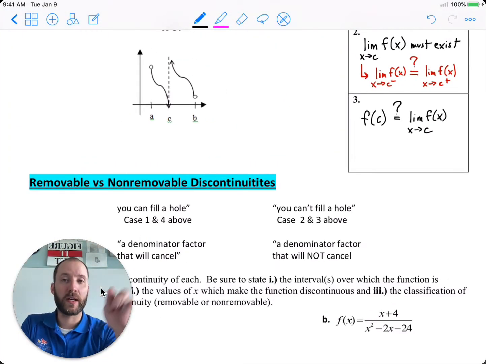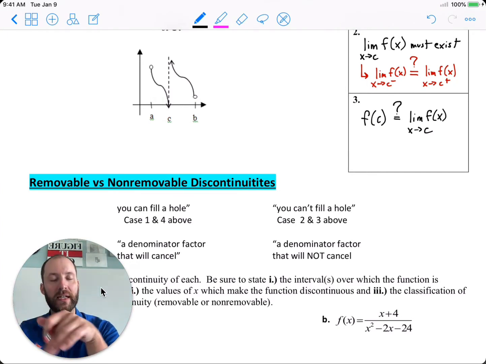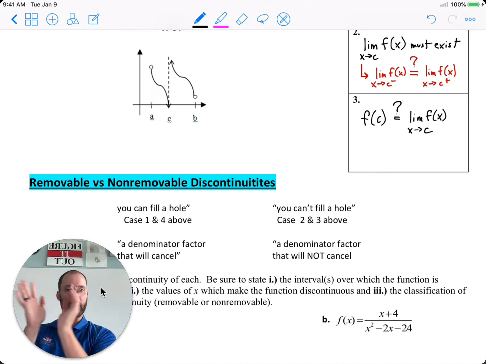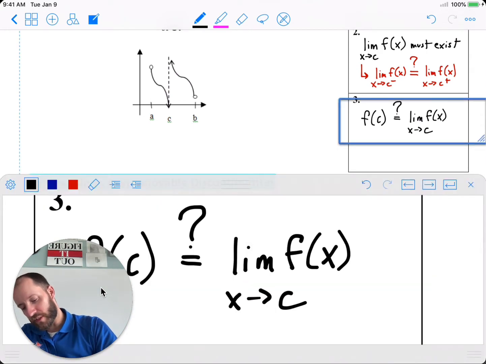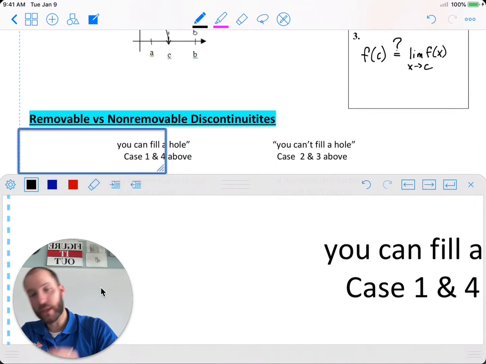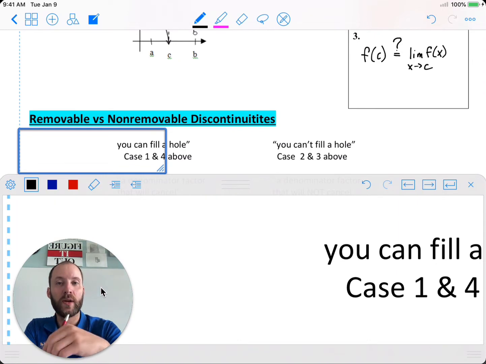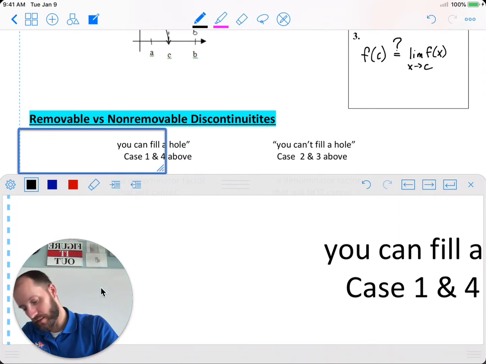Now again, talking about continuity by talking about discontinuities, how those happen, and if they don't happen, then it must be continuous. So removable versus non-removable. Removable discontinuities were what we looked at a few sections ago with evaluating limits analytically.